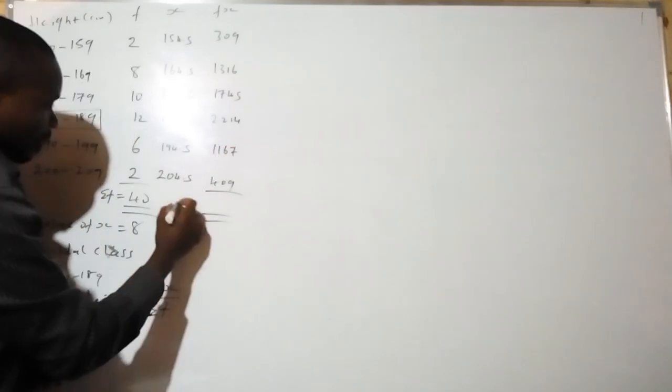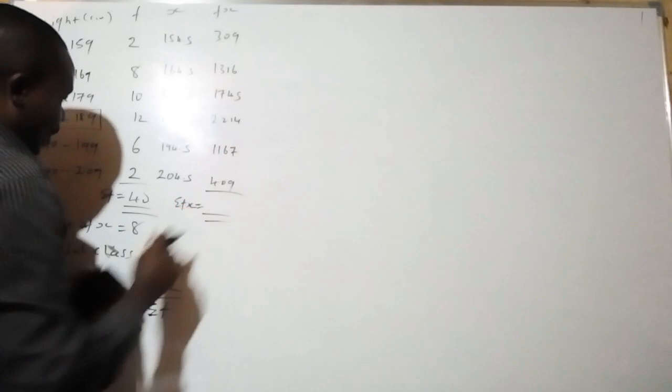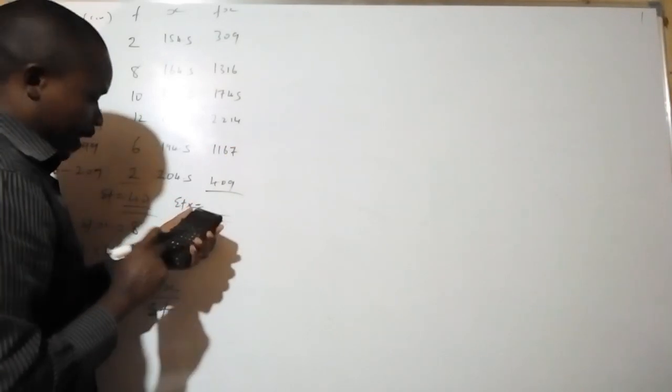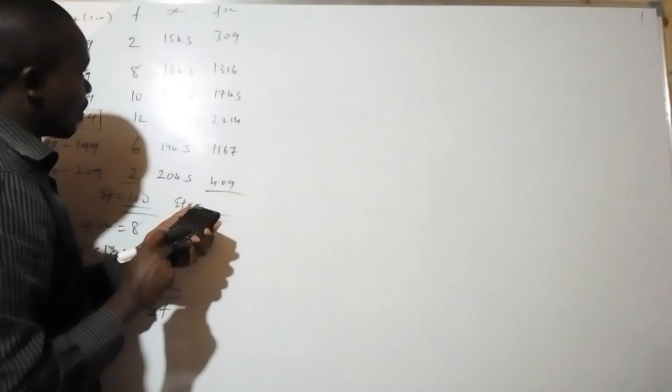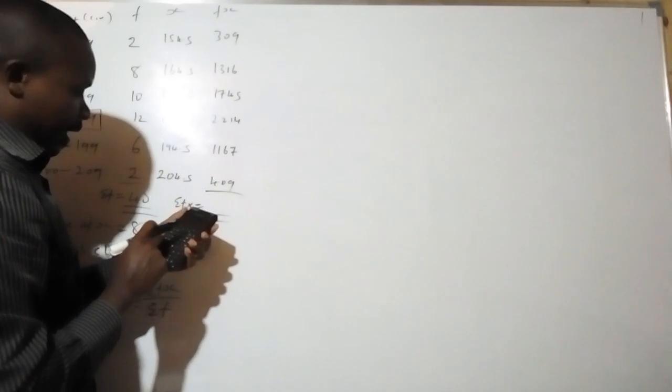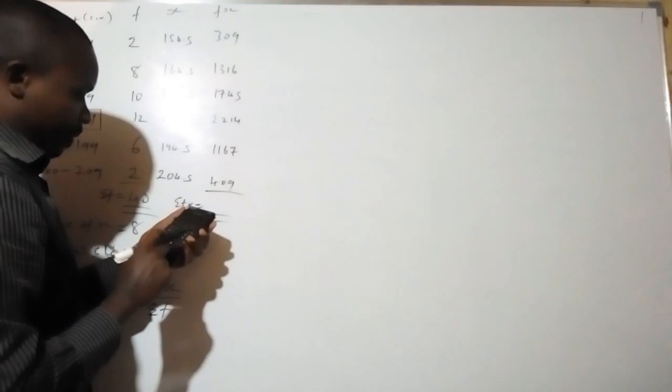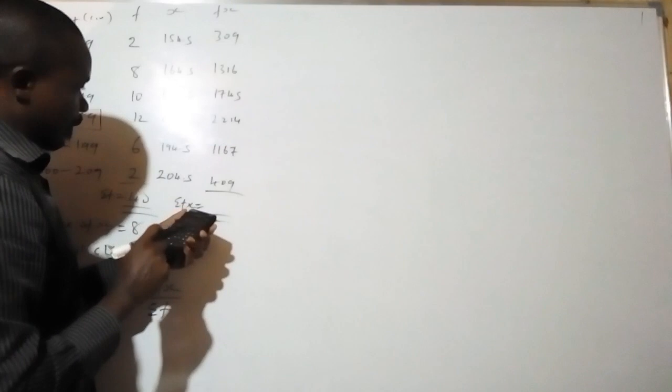Then we add to get summation Fx. We are going to have 309 plus 1316 plus 1745 plus 2214 plus 1167 plus 409, which is 7160.